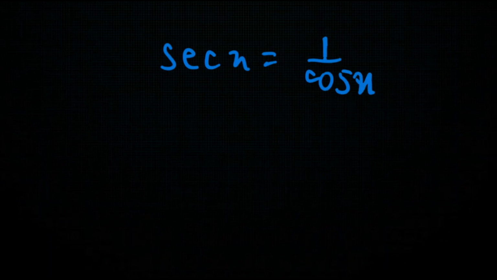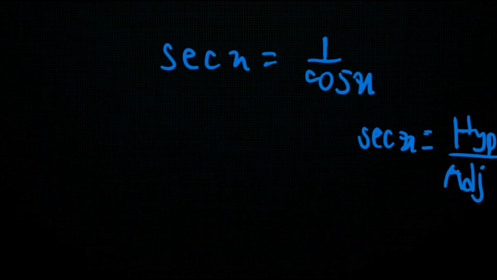We know that secant x equals hypotenuse divided by adjacent, and for cosine it is adjacent divided by hypotenuse.